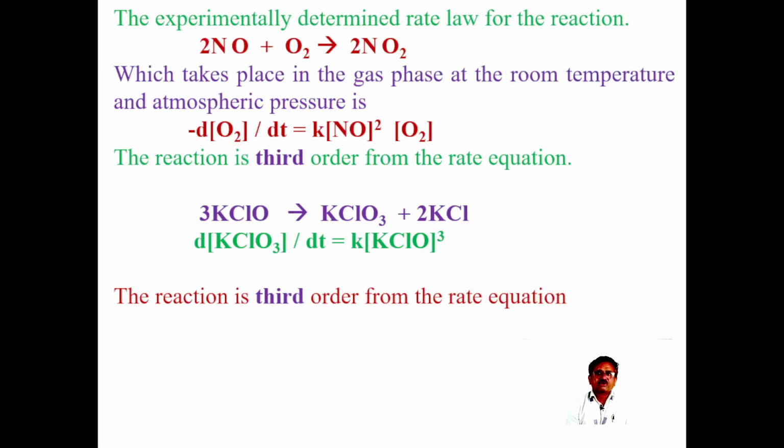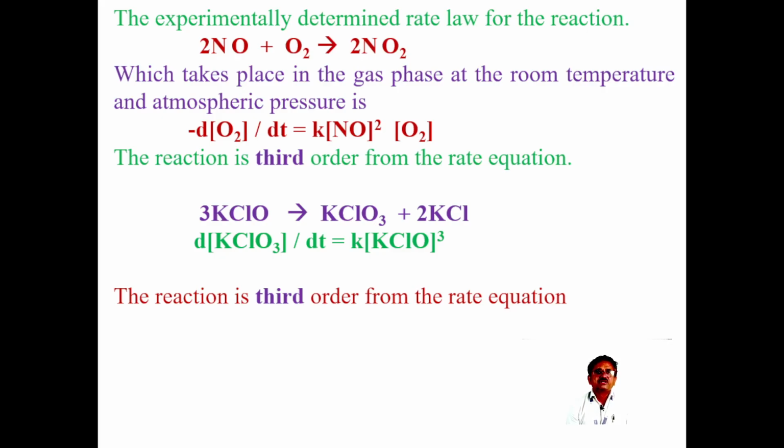The experimentally determined rate law for the reaction, for example 2NO plus O2 gives 2NO2, which takes place in the gas phase at room temperature and atmospheric pressure, is rate, that is minus d[O2]/dt, equals k [NO]^2 [O2]. This is the rate law equation for this reaction.